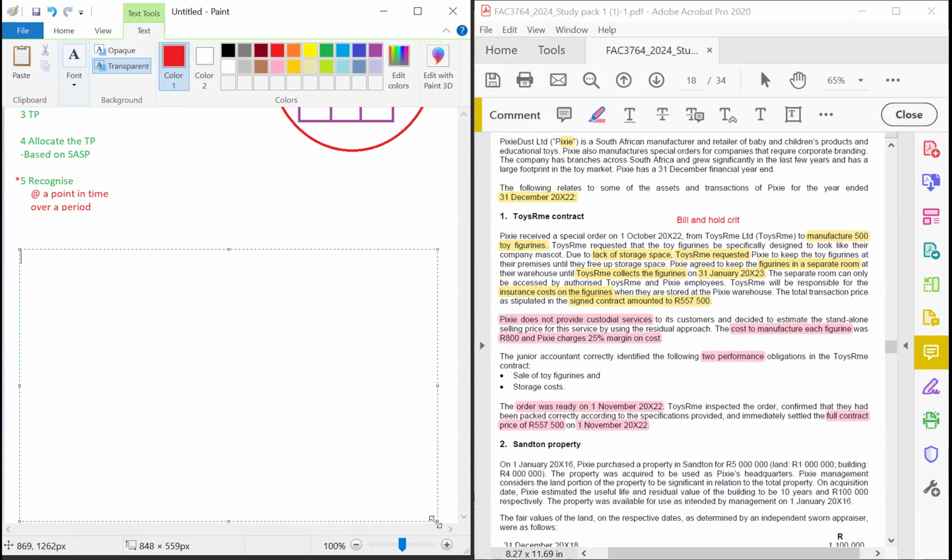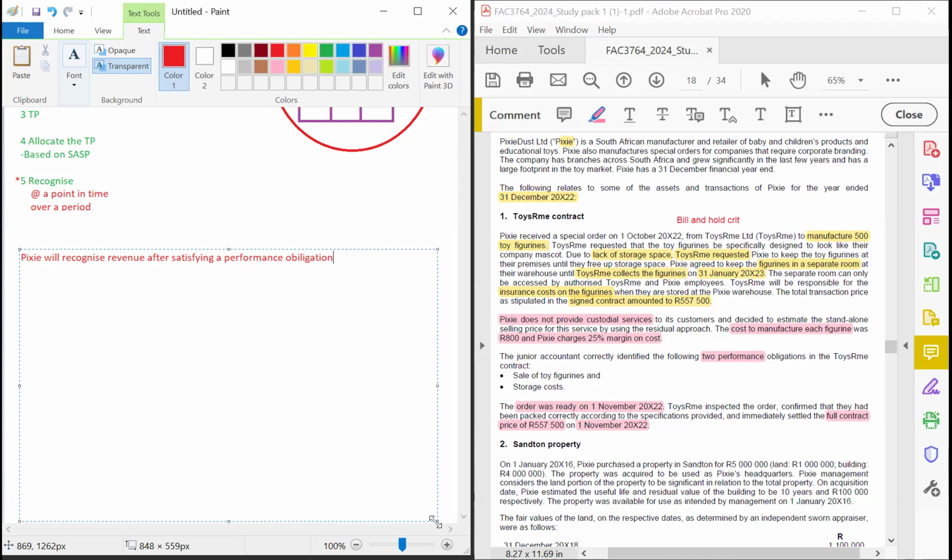So we could reference this scenario, we could say Pixie will recognize revenue after satisfying a performance obligation, right? So that's when PPE will recognize revenue. That is something that you have to take note of, right?